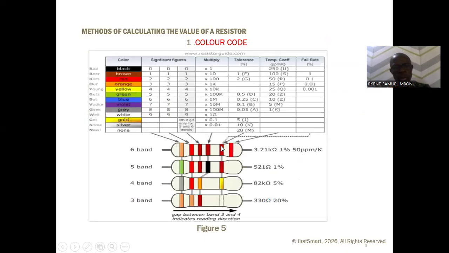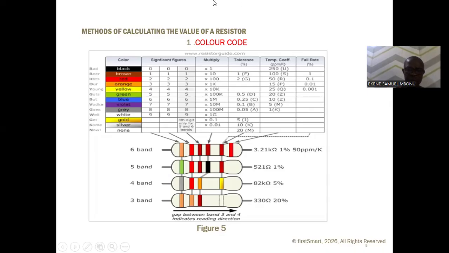Let's proceed. We come to section 2 of this class, which is the resistor color code. If you see a resistor, they come in different colors, and each of them has a significance.